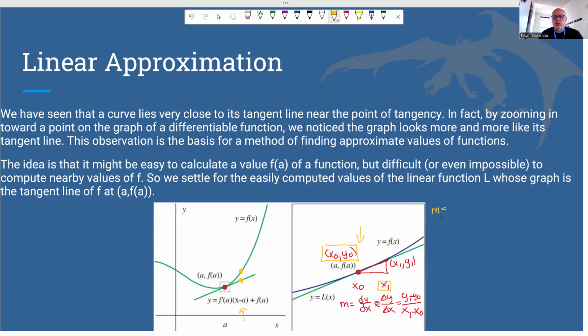If I move the delta x to the other side, I get y1 minus y0, my change in y, is m times the change in x, or y1 is y0 plus m delta x. So the new value of y is equal to the old value of y plus the change in y, which we can get by calculating using the slope times how much x changes.